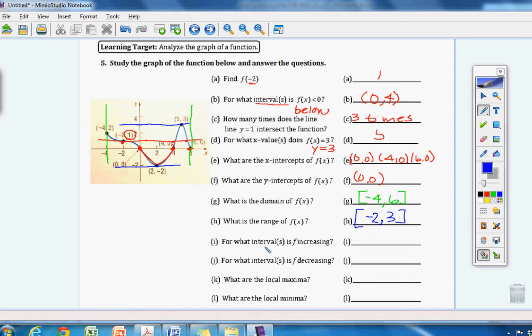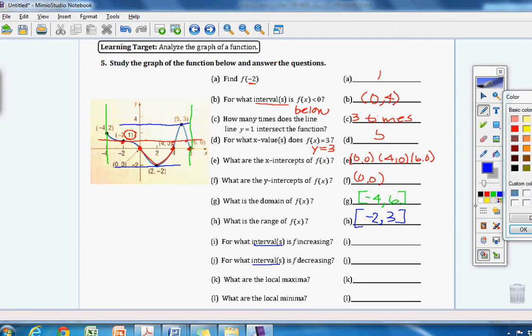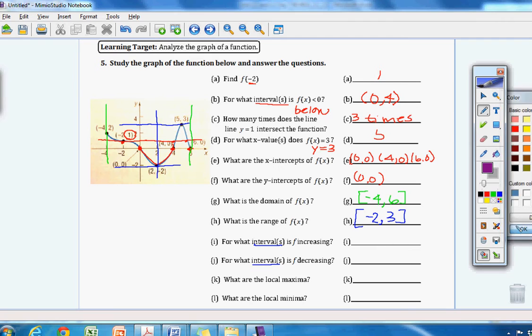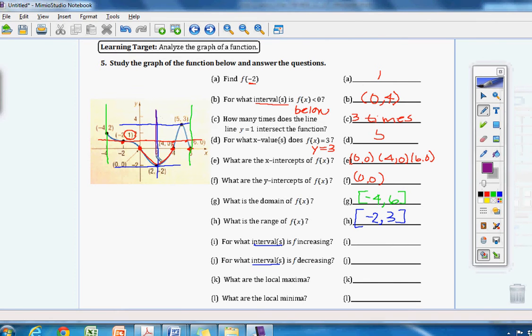All right, what intervals? So now again, interval. We're going to be looking at our function increasing and decreasing. What I like to do here is take a look at the entire domain. I should be starting at negative 4, ending at 6, only writing down the x's. Okay, so I'm going to be increasing from here all the way to here.